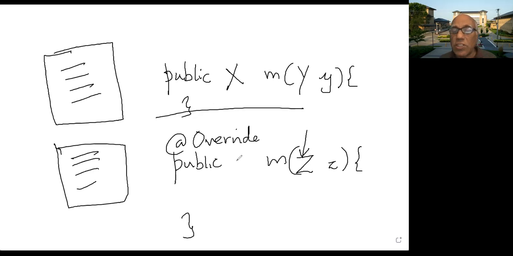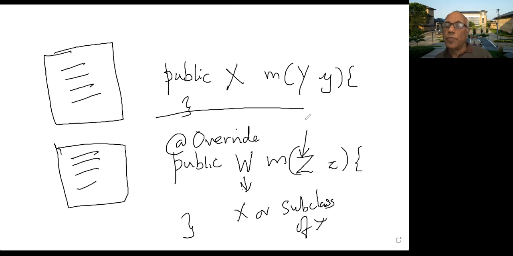But the return type, I'm running short of symbols here, should be either X or a subtype of X. If it returns something that is a super type of X, then you will notice that sometimes this M in the subclass is producing things that the superclass will never produce. So in that sense, this should be either X or a subtype of X, subclass of X.